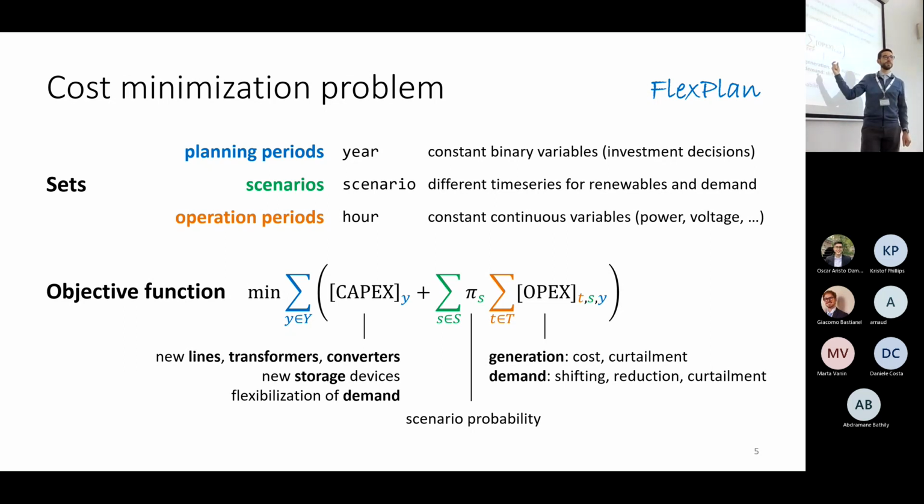Scenario number 1 for the first year corresponds to scenario number 11 for the second year, and so on. But there are no constraints that relate different years with respect to operating conditions. For instance, storage final energy level in one year is not related to the initial level of the following year. So in the end, scenarios are completely decoupled.